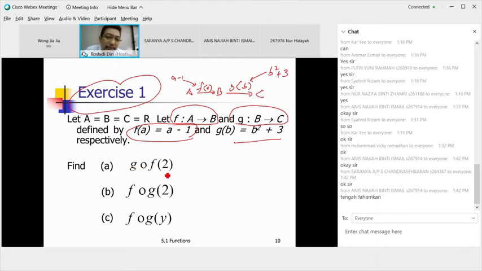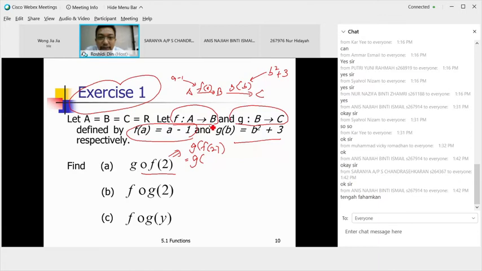So what is the question? The question says GF of 2. Now here is not A, here is 2. So how do we solve it? We put the answer as in the previous solution, GF of 2. So it will be G. This F of 2 equals A minus 1.